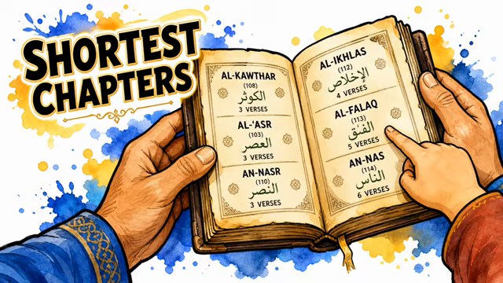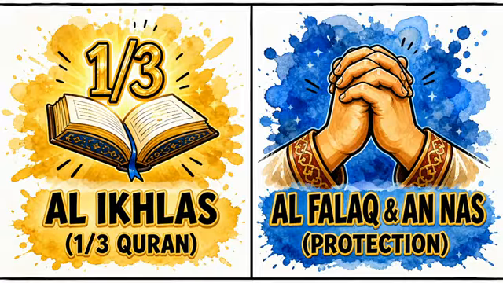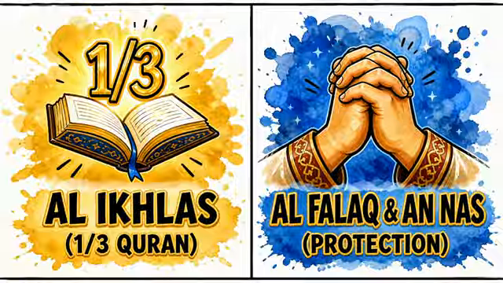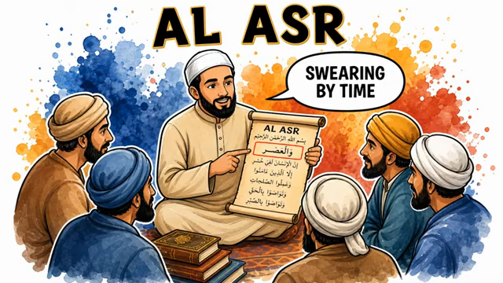These are the shortest chapters in the entire book, some of them only 3 or 4 verses long, and this is the material that almost every Muslim child on earth memorizes first. Think about what is actually sitting in that final third, because it is the most recited material on the planet. Al-Ikhlas, 4 verses, which the Prophet, peace and blessings be upon him, said is equal to a third of the Quran.